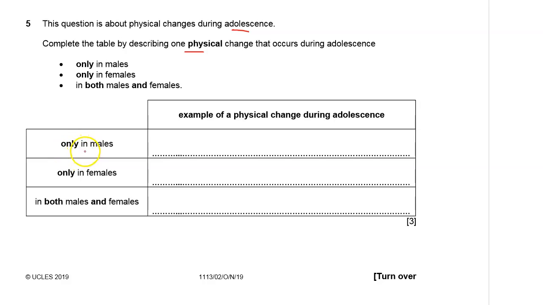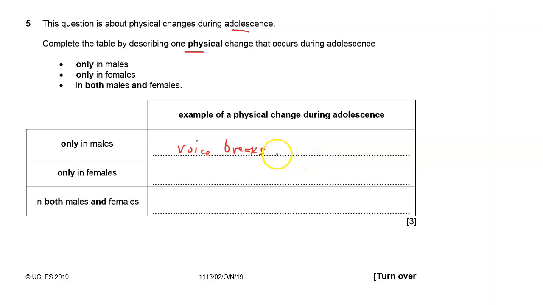So in only males, one example of physical change during adolescence is that the voice breaks, becomes bassy.